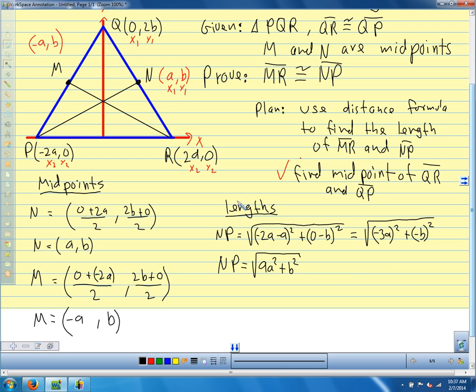So there's one length. Now let's find the length of MR. And I'll label this point x1, y1, since this one is already x2, y2. Square root of x2 minus x1, 2a minus negative a, squared, plus y2 minus y1, 0 minus b.